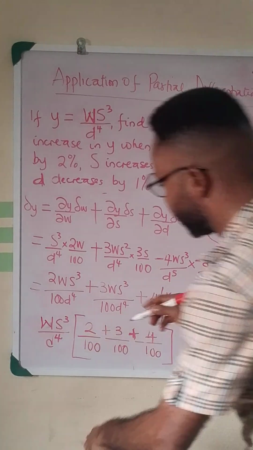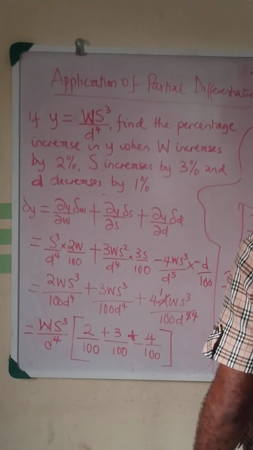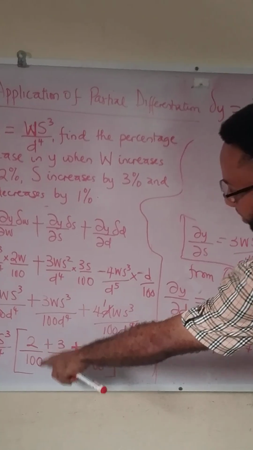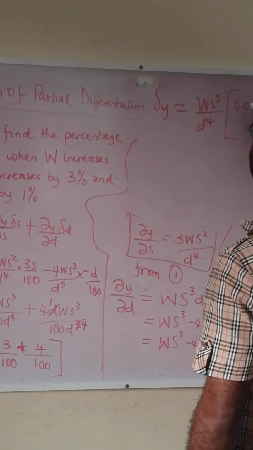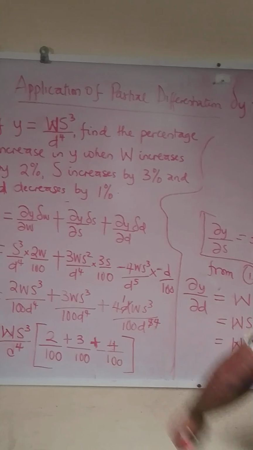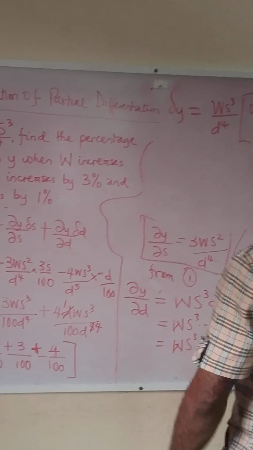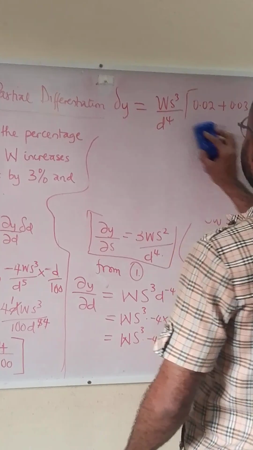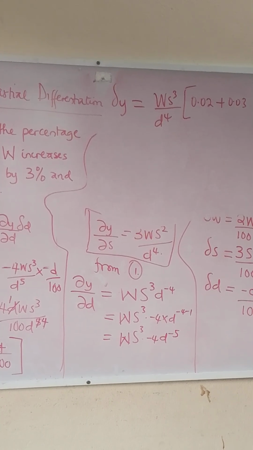So we have that our change in y is equal to WS cubed all over D raised to power 4 into 2 divided by 100, which is 0.02, plus 3 divided by 100, which is 0.03, plus 4 divided by 100, which is 0.04.